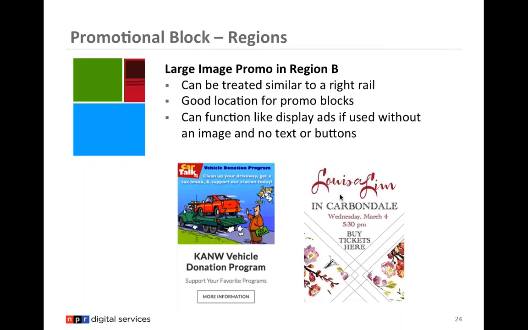Do note that they will only show up on your homepage, but if you just want to have some sort of promotion, but you're still working on DFP, a large image promo in region B is a good place to start. You can stack several promotional blocks in region B, and it'll look very similar to the conventional right rail that a lot of stations tend to have.